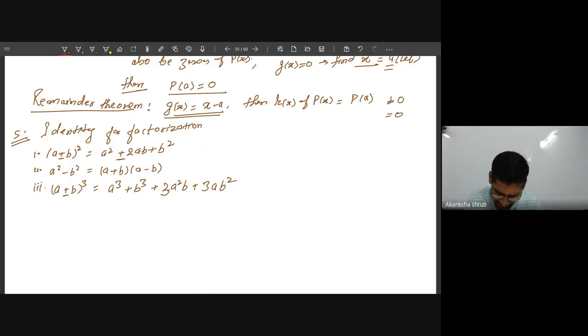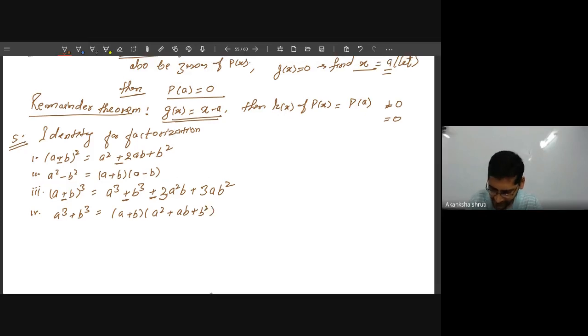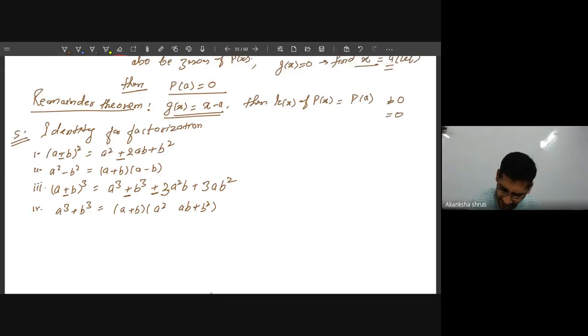In place of plus, if there is minus, then the cube term of b and only the odd powers of b become minus, because b square remains positive. The next one was a cube plus b cube, which can be written in 2 factors: (a plus b) as one bracket, and a square plus b square, but minus ab, so we have to take care.